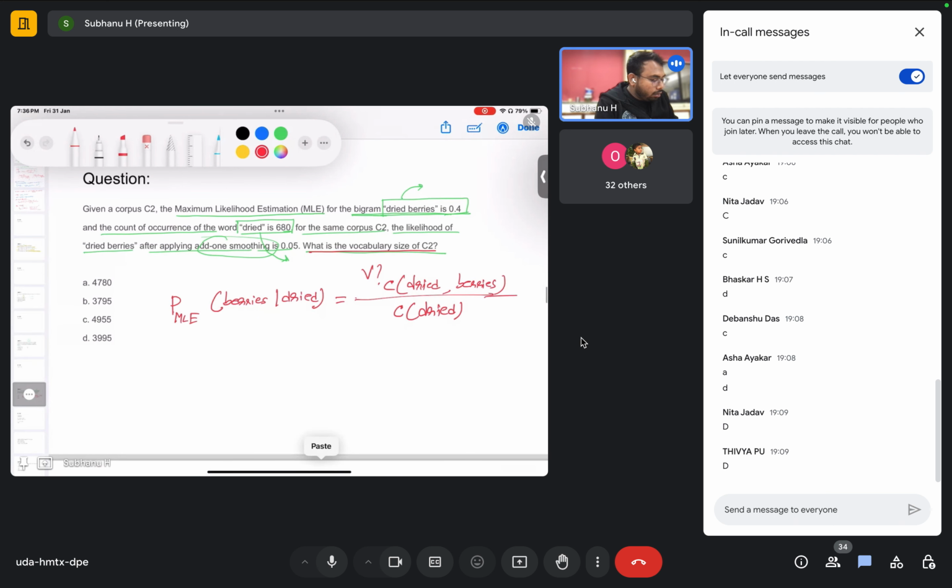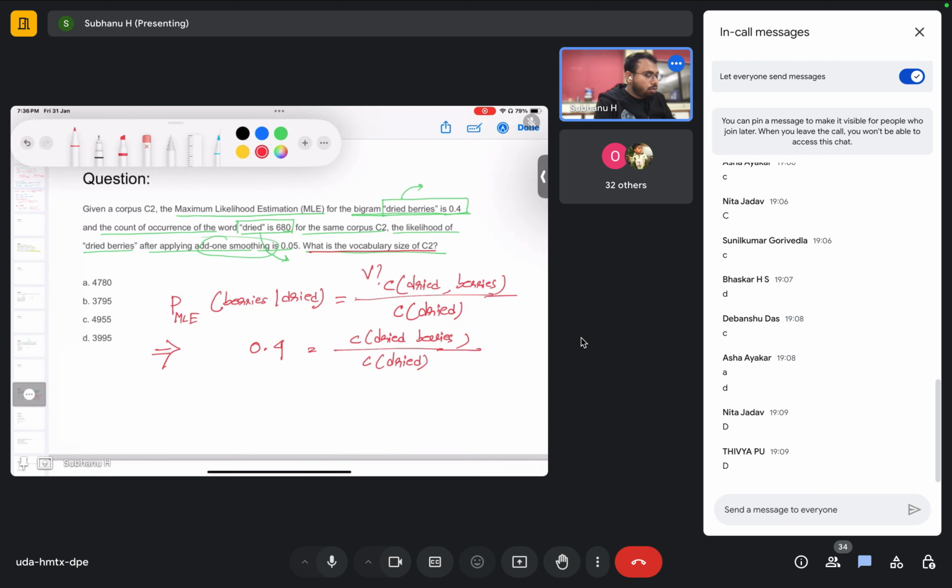So 0.4 is equal to C of dried berries by C of dried.